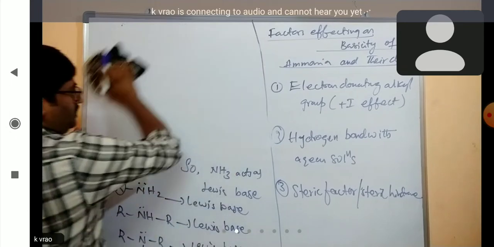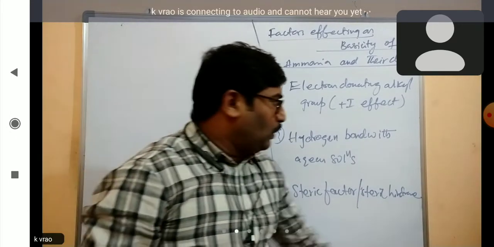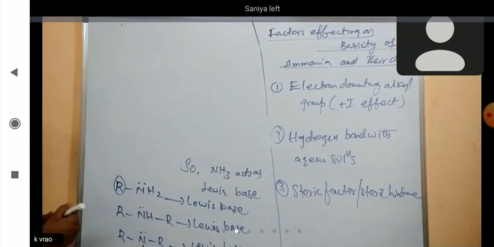First factor is electron donating alkyl groups.